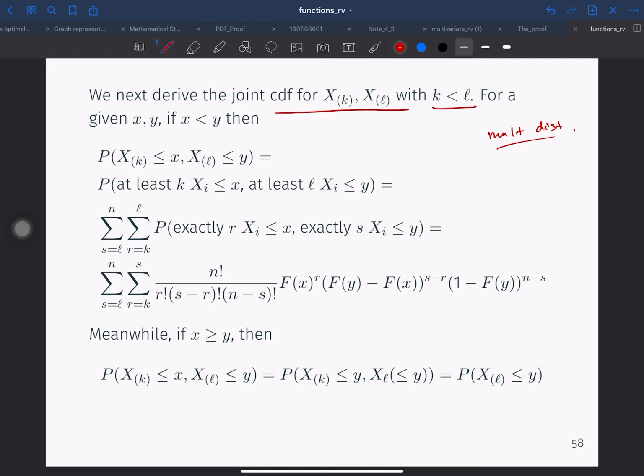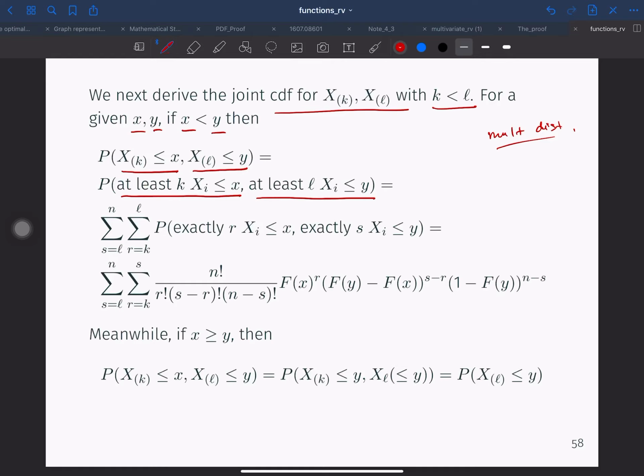So for given x and y, if x is less than y, then the probability that the kth order statistic is less than x and the lth order statistic is less than or equal to y can be written as at least k of the trials are less than x, and at least l of the trials are less than or equal to y, out of these n trials of the multinomial experiment.